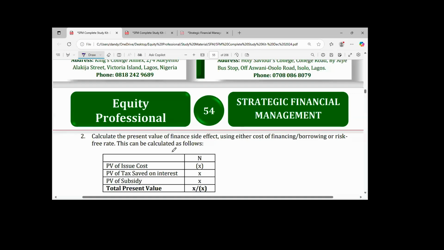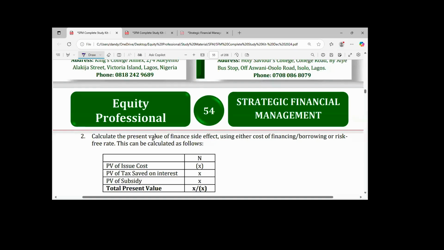The first thing you are going to do is to ascertain whether you want to use cost of borrowing or risk-free rate of return as a discount rate for the financing effect cash flows.